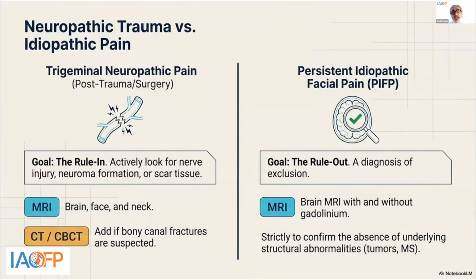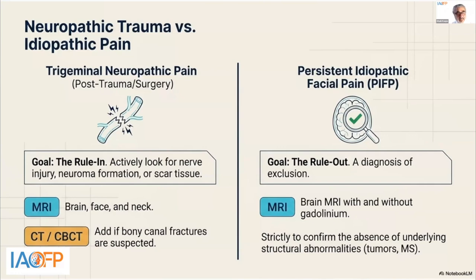Post-traumatic neuropathic pain and idiopathic facial pain have different imaging goals. Post-traumatic neuropathic pain imaging aims to identify pathology like nerve injury. So we use the MRI and CBCT if we are looking at the nerve canals, such as a bone fracture or some destruction of the nerve canal.